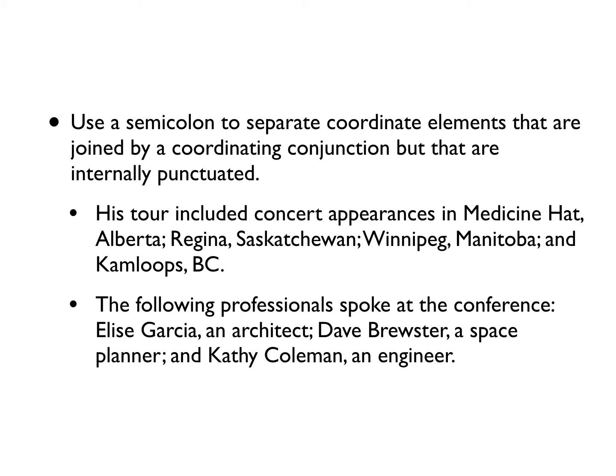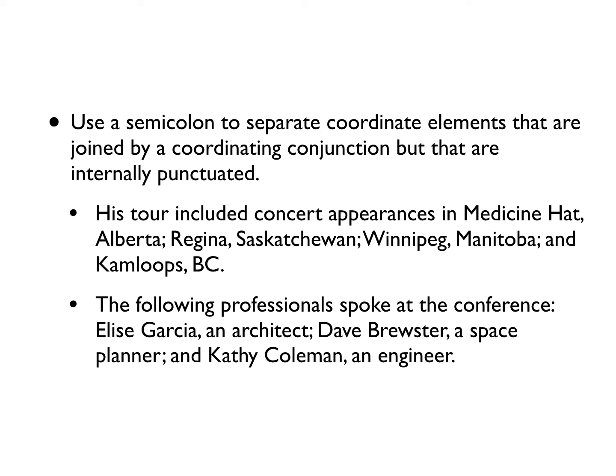Winnipeg, Manitoba, semicolon, and Kamloops, BC. So what are we doing here? Well, we have these 4 elements. Medicine Hat, Alberta, that's one. Regina, Saskatchewan, that's another. Winnipeg, Manitoba, that's a third. And Kamloops, BC, that's a fourth. So we have 4 elements to this list.